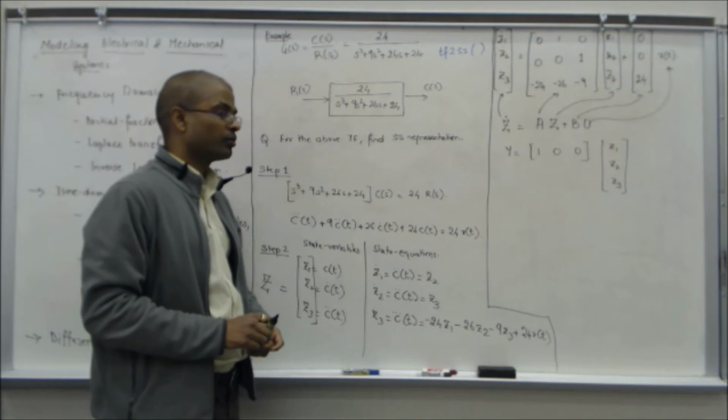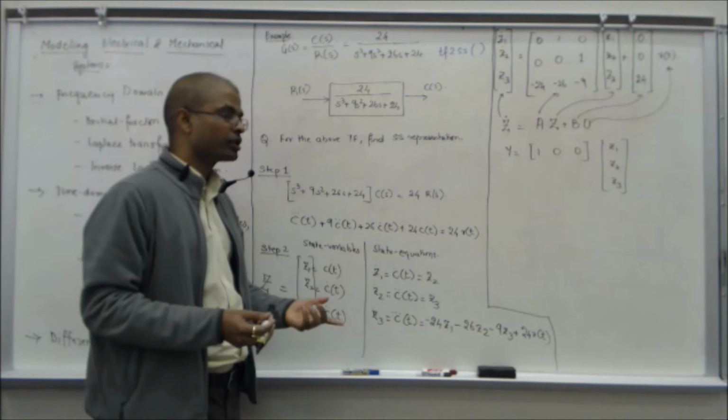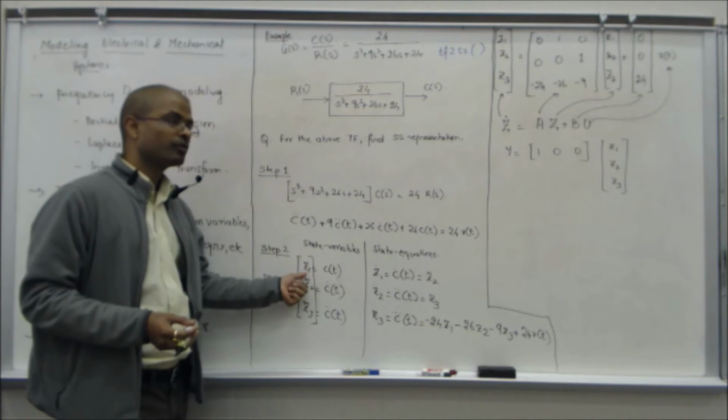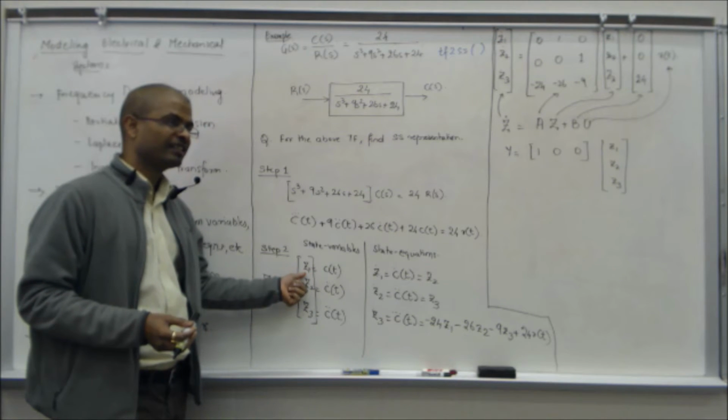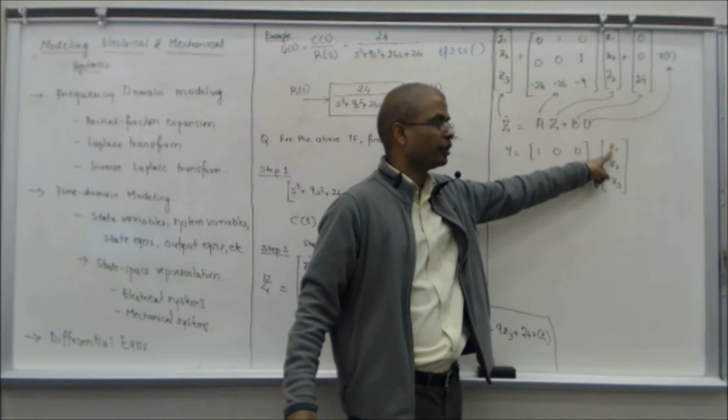What is the inverse Laplace of C of S? C of t. So what is C of t in terms of state variables? Z1. So you just want Z1. Z1 represents the C of t.